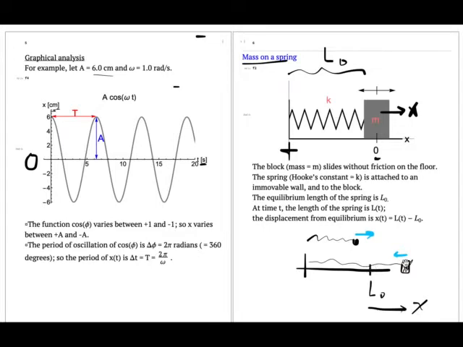So if I pull it to the right, the force is to the left. If I push it back to the left, the spring will push it back to the right. So there's a restoring force, and it's this restoring force which causes the oscillations. All right, now to make all this quantitative, this is all qualitative. To make this quantitative, you have to know something about the force exerted by a spring. And that is called Hooke's law.